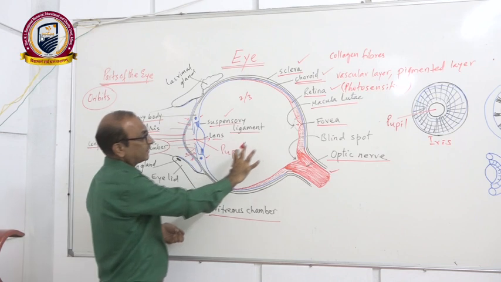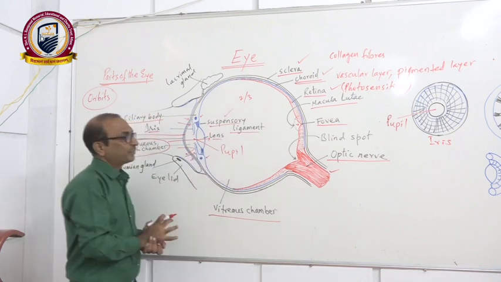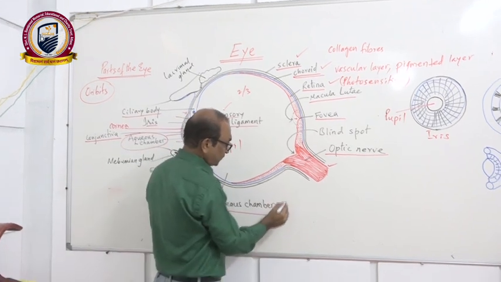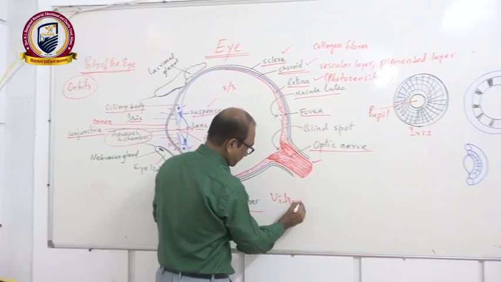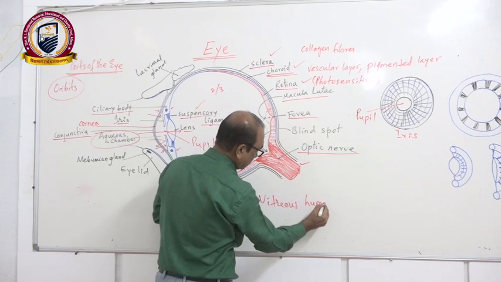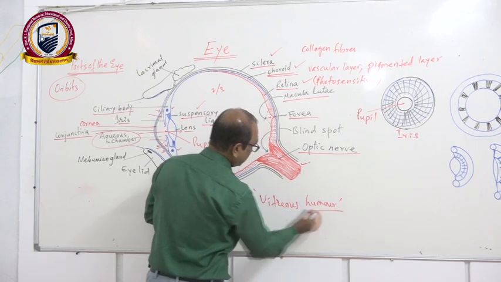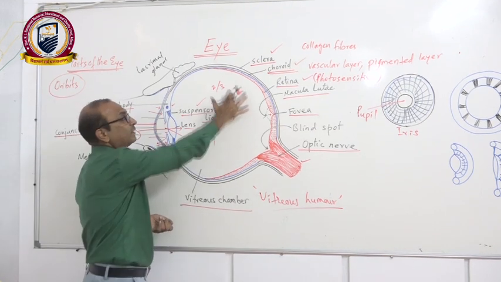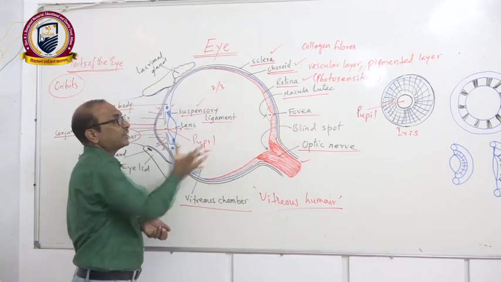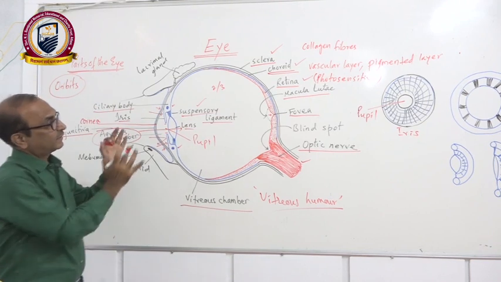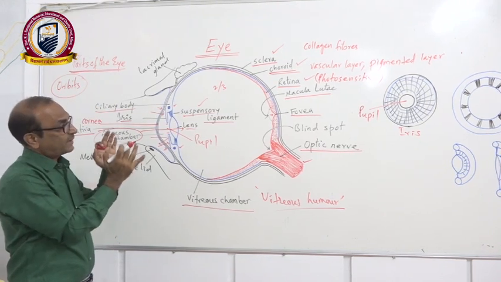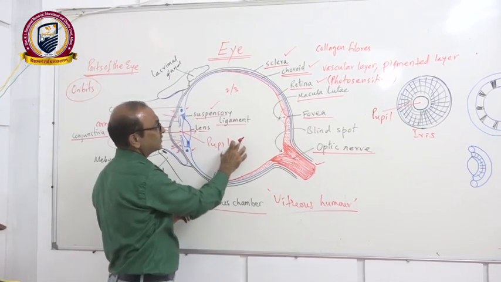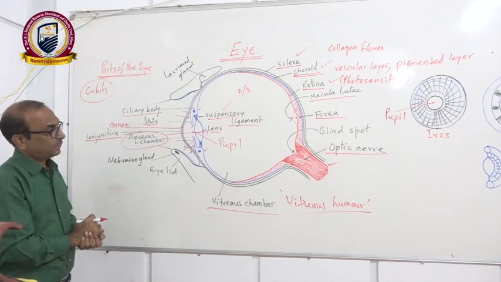Vitreous chamber is the largest chamber, you can say, which is filled with vitreous humor, a gel-like substance inside, and that helps in maintaining the spherical shape of the eyeball. Shape and size of the eyeball is maintained by the vitreous humor, which is filling the vitreous chamber.